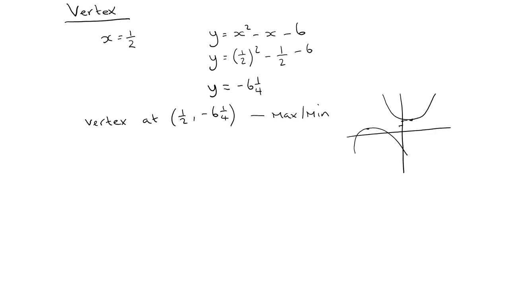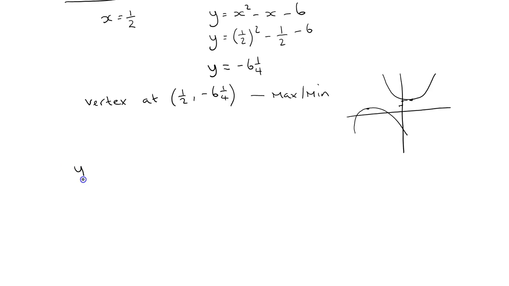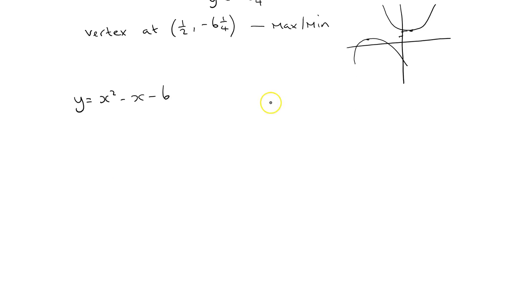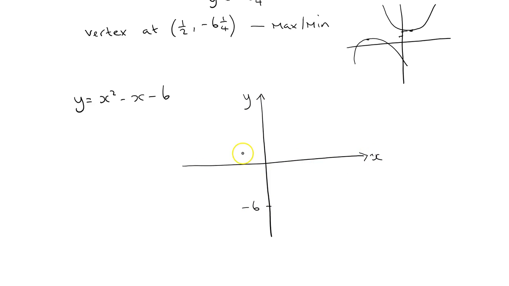Let's put all the information together for our equation y equals x squared minus x minus 6, and let's sketch our parabola. So the first thing that we worked out was that the y-intercept was at y equals minus 6. We worked out that our x-intercepts were at minus 2 and plus 3.